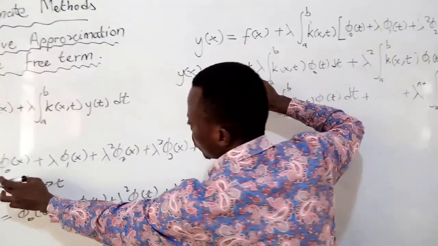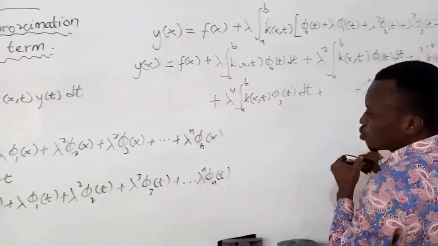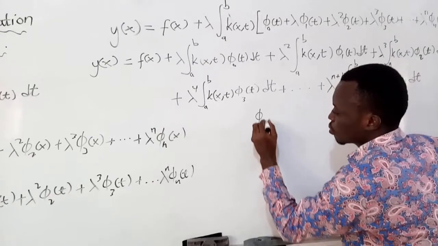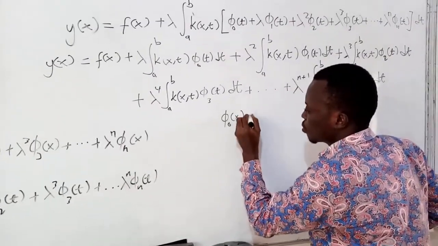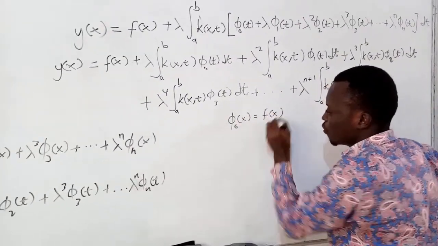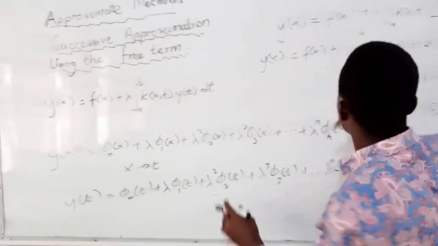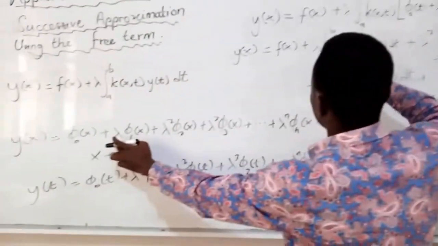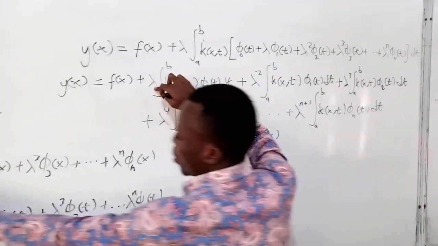That means that phi naught of s is equal to f of s. And on this side, the powers of lambda, this lambda is to the power 1, and the other lambda is raised to the power of 1 here.